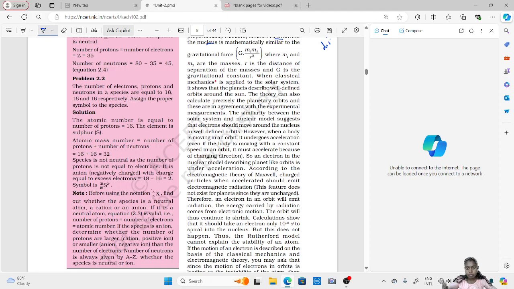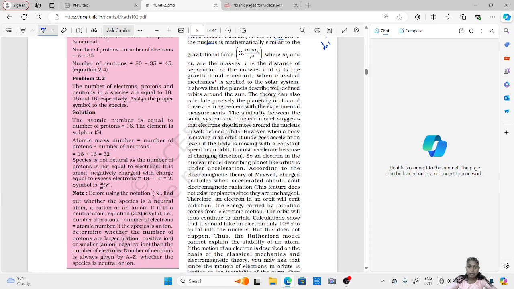So if they follow a well-defined orbit path, you can calculate precisely the planetary orbits and their arrangements based on the theory.